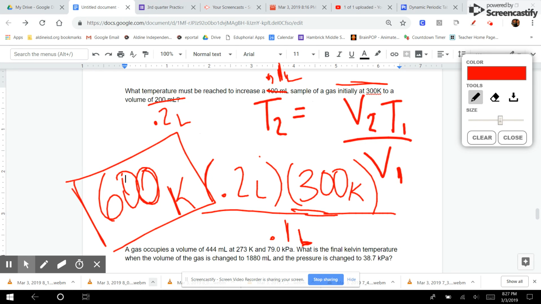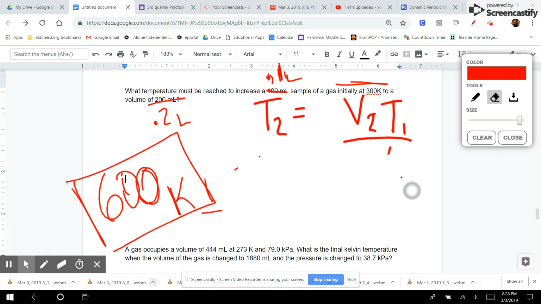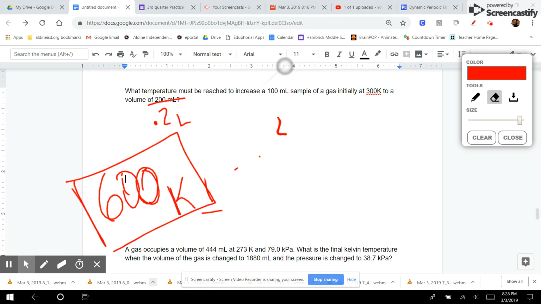Now, those of you who are really getting a good handle on this chemistry stuff, there is another way of thinking about this problem. If pressure is constant, we know that this is a Charles law problem. And remember, when temperature increases, it's a direct relationship to its volume.